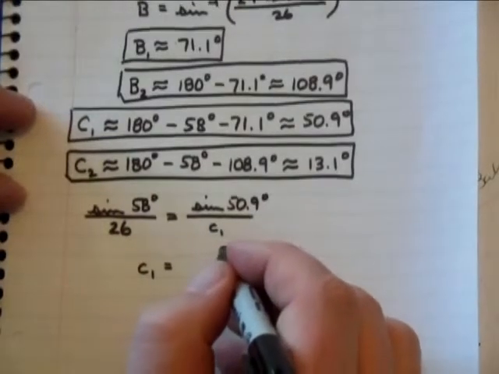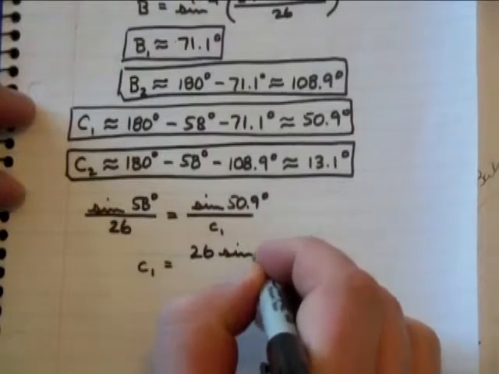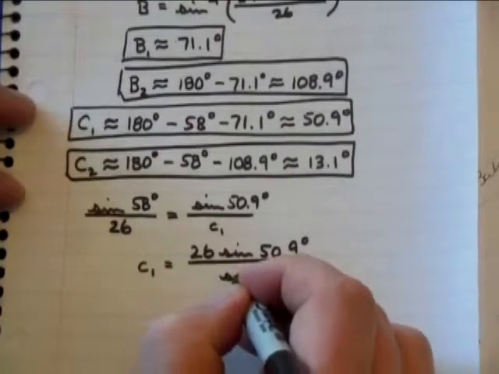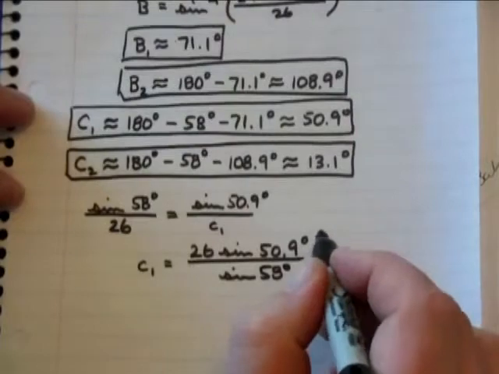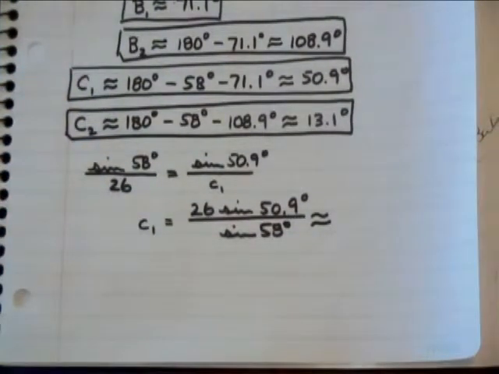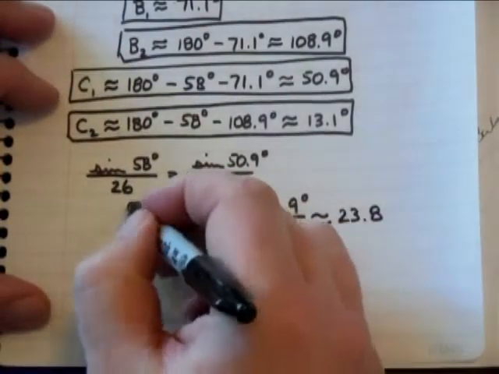So then you'll find that C1 is equal to 26 sine of 50.9 degrees over sine of 58 degrees. And then you can plug that into your calculator to approximate the value of side C1. So in this case, I find that the value of side C1 is approximately 23.8 units.